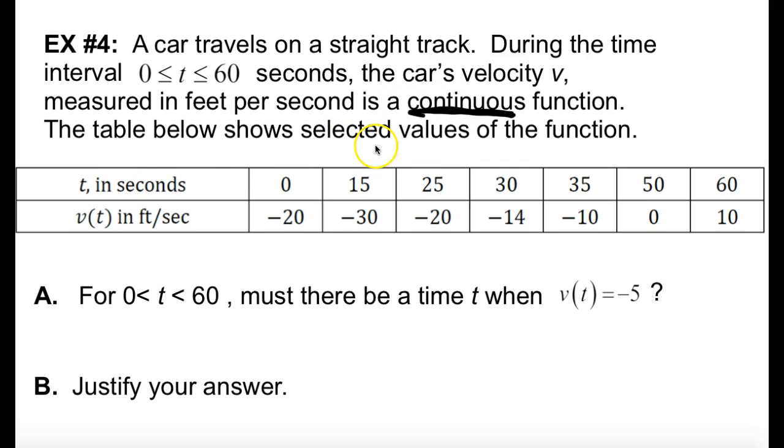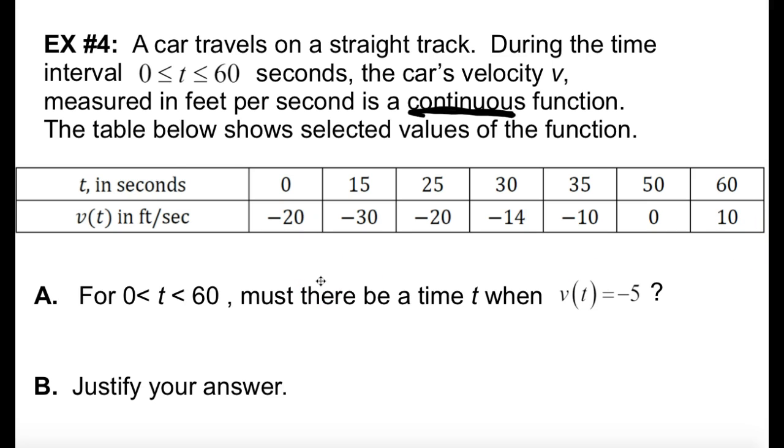The table below shows selected values of this velocity function. So we want to figure out, between 0 and 60 seconds, are we guaranteed there's a time when the velocity is equal to -5? Well, if we look at our endpoints, -20 and +10, yes, -5 is in between those y values of -20 and +10.